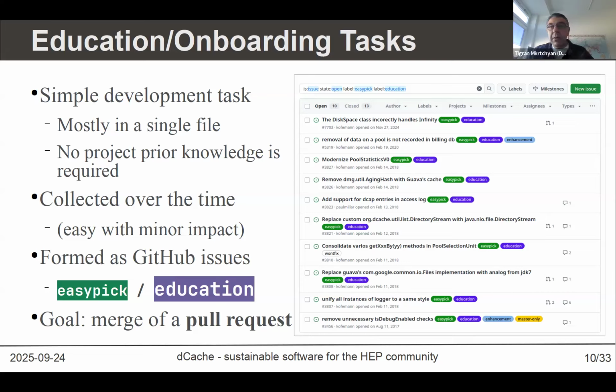Usually these tasks require very little prior knowledge before starting to work on them. They are very compact, either language specific or single file specific, so you don't need to know all the rest of dCache to do them. And maybe it makes sense to mention that dCache is about 500,000 lines of Java code.